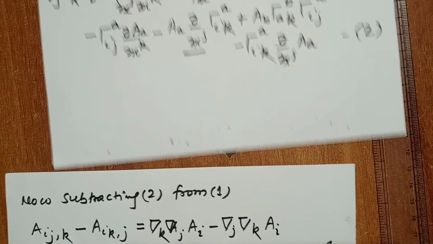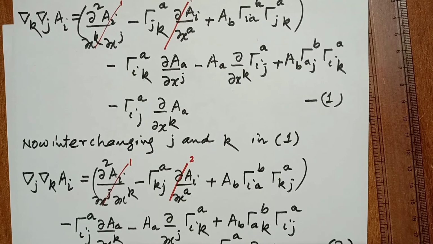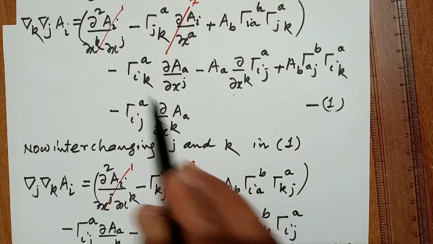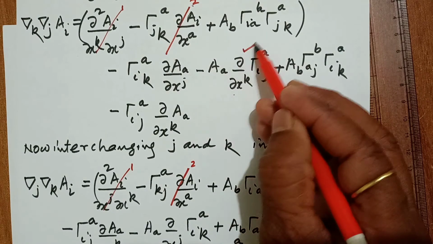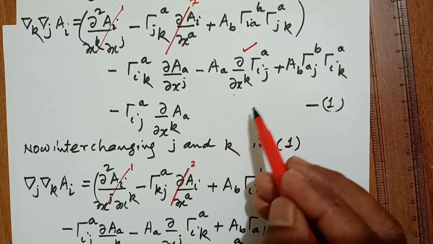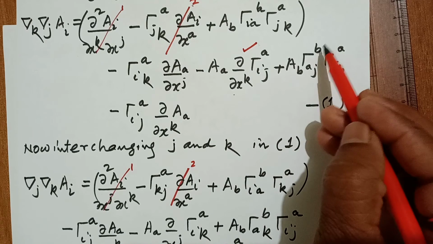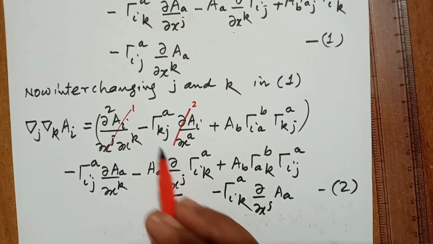Here if we subtract 2 from here, this is 1, this is 2, so the only remaining term is minus a_a, this term a_a a_ij del upon del x k, a_b a_ik. This is the second term, and if we subtract, the sign will be changed.